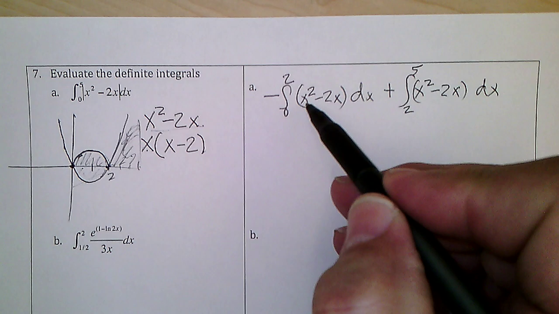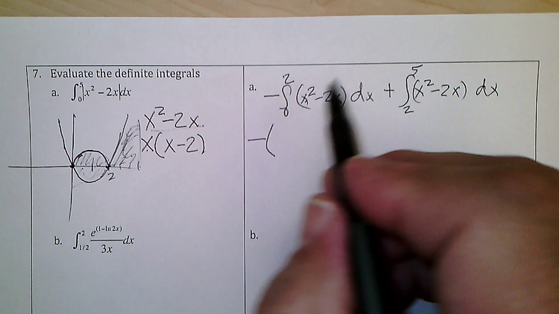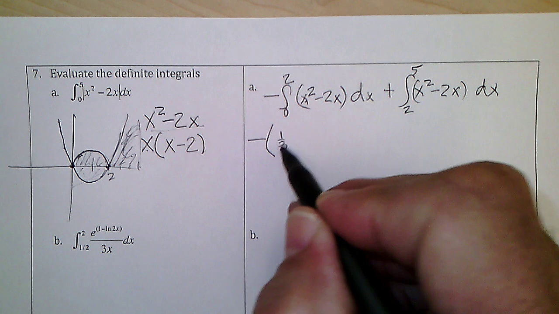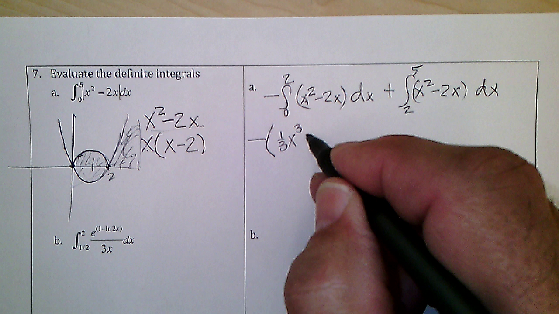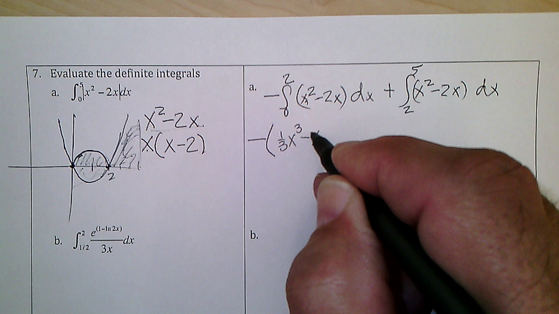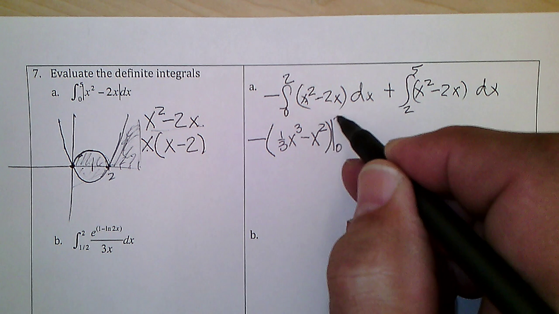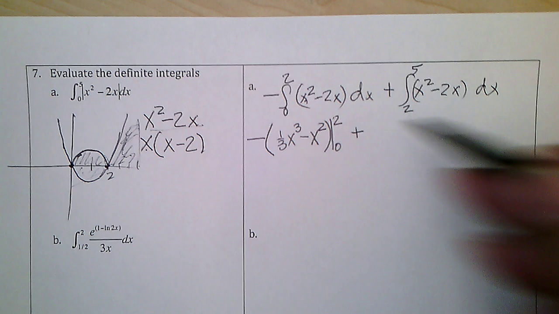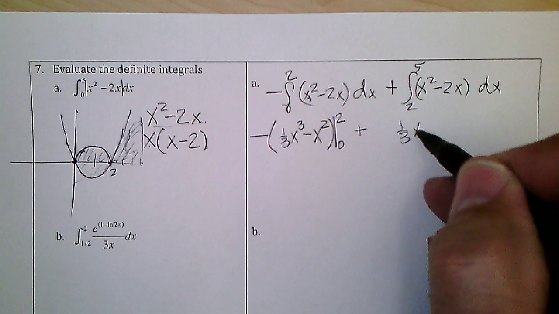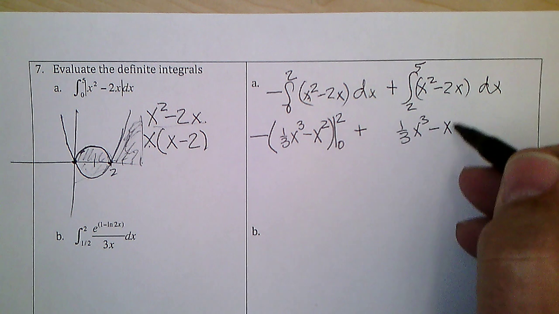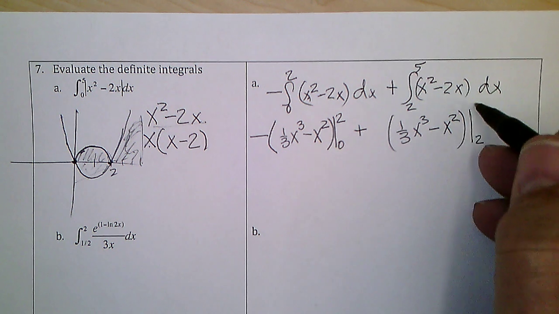So we have minus, parenthesis, integral of x squared is 1/3 x cubed. The integral of minus 2x is minus x squared, evaluated from 0 to 2, plus the integral of that is the same thing again, 1/3 x cubed minus x squared, evaluated from 2 to 5.